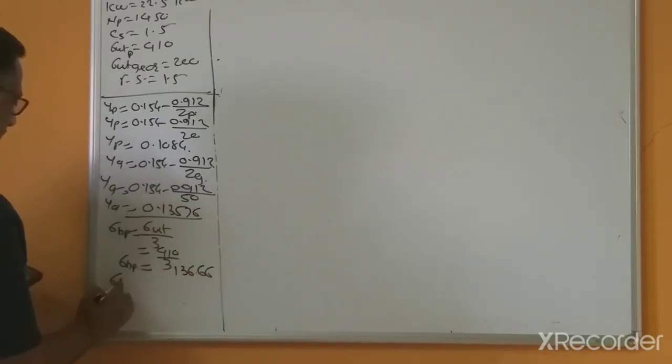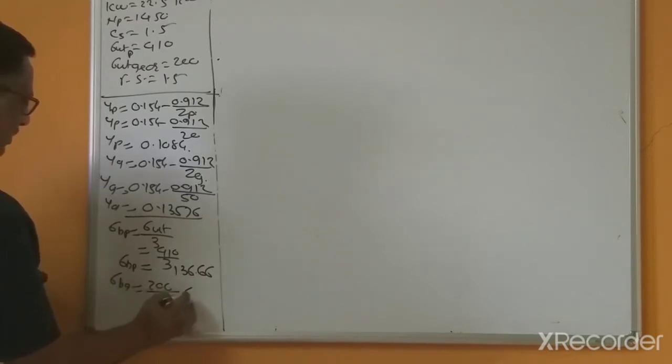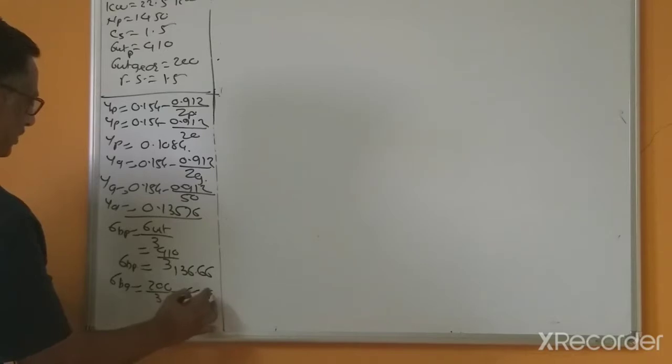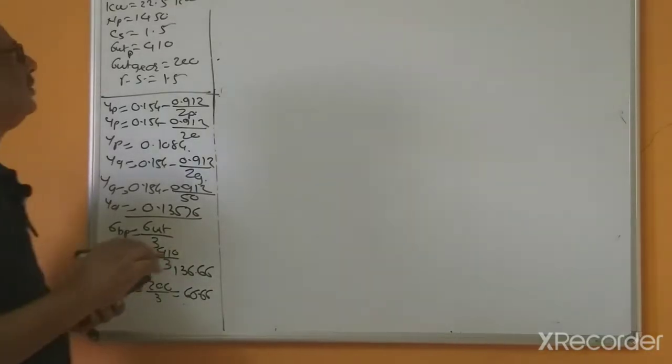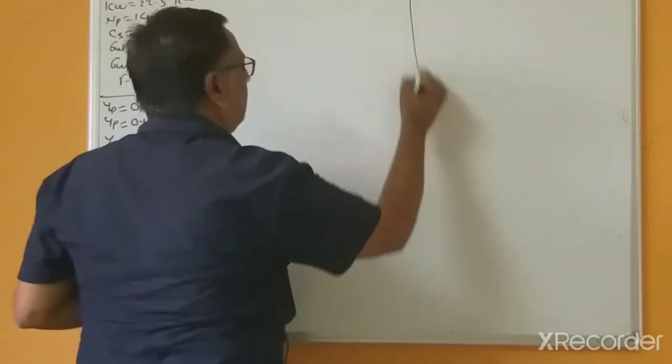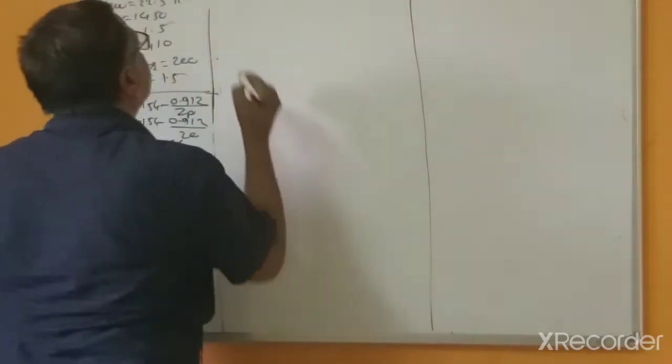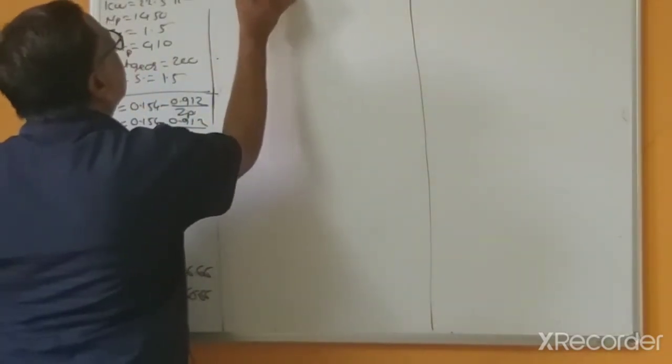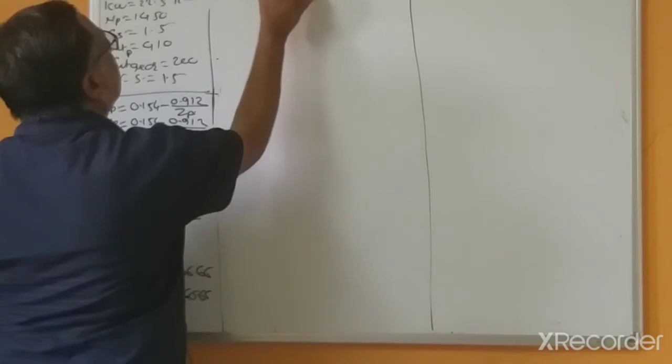Similarly for gear, this is 200 divided by 3, 66.66. Now, after that, deciding factors: sigma BP multiplied by YP.